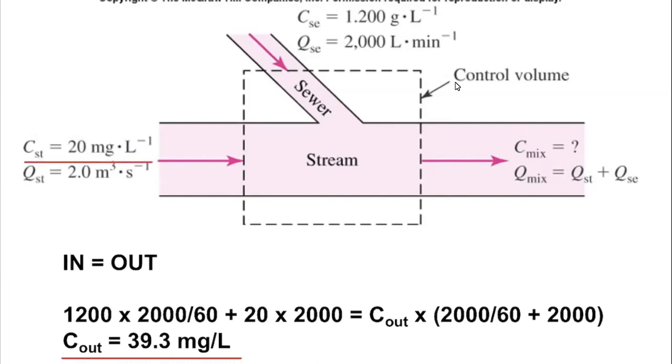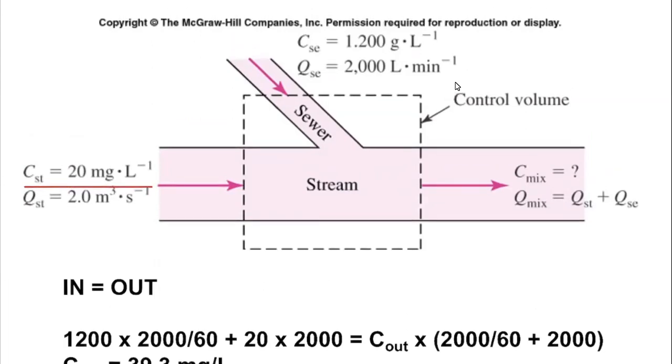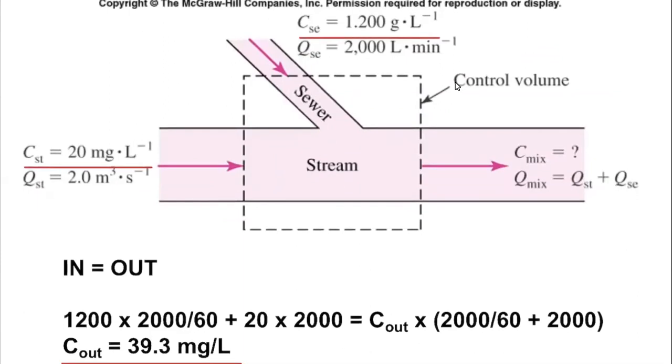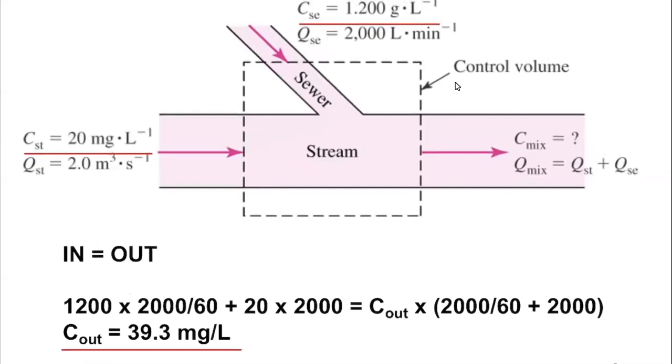And then the concentration for the sewer is actually 1200 milligram per liter, which is a very highly concentrated salt solution, right? But because we have a much higher flow rate of the stream water than the sewer water, the concentration that has been increased is still not that significant, okay?